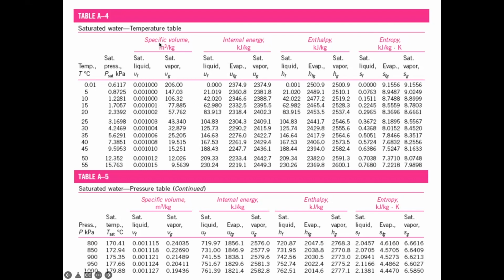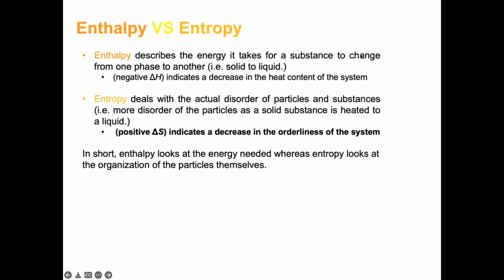So now you understand what specific volume, internal energy, enthalpy, and entropy are. Let's go back to the slide just now. Enthalpy describes the energy taken from a substance to change it from one state to another. Like I mentioned, it can be in the form of internal energy plus the pressure term. Entropy deals with the disorder of the particles. The positive delta S indicates a decrease in orderliness of the system.